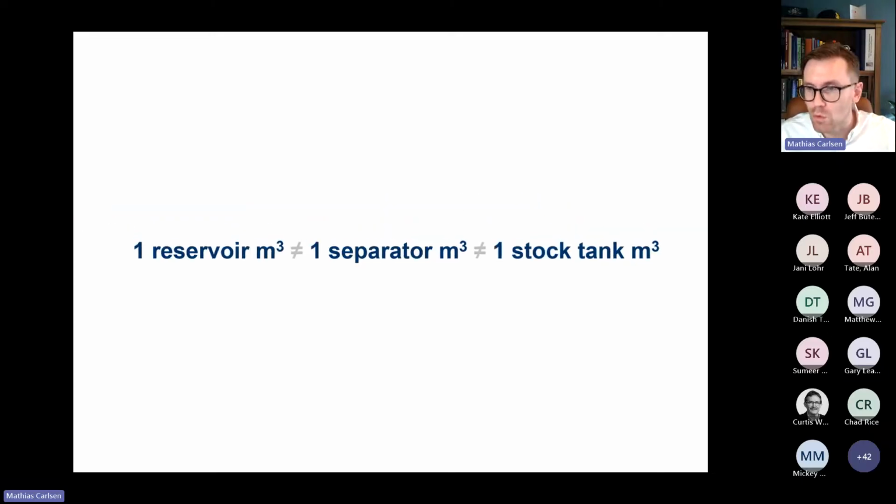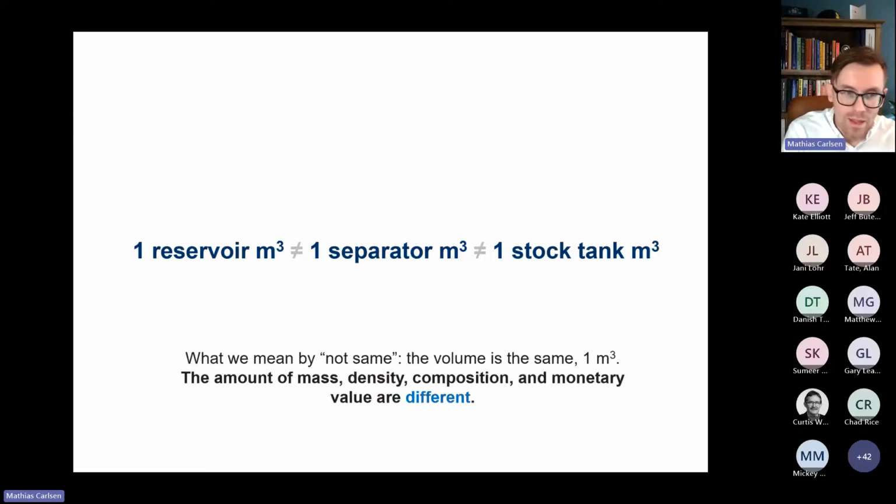Maybe there are other good examples too, but in oil and gas, when you're talking about a volume, you're placing a context next to it. Have you thought about that before? We talk about a reservoir barrel, a separator barrel, and a stock tank barrel. Of course, the volume is the same, but the amount of mass, density, composition, and of course monetary value are different.